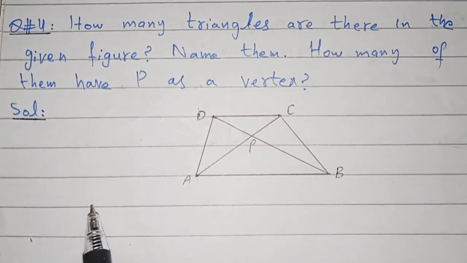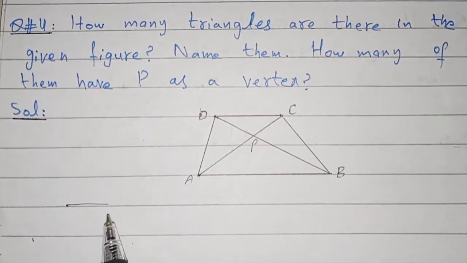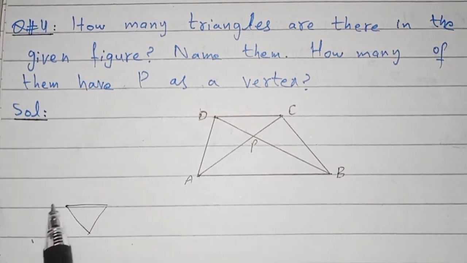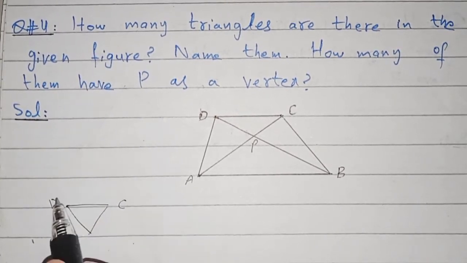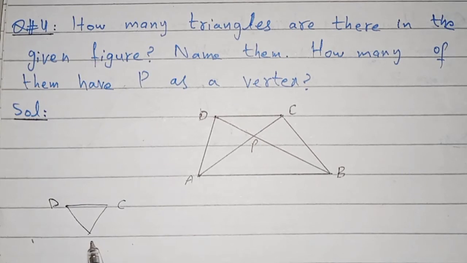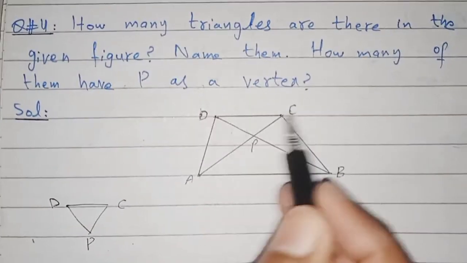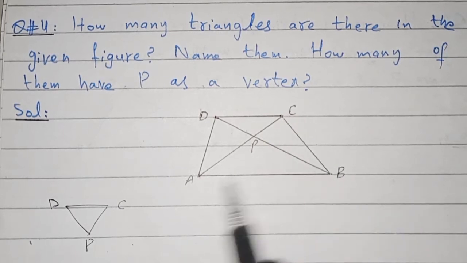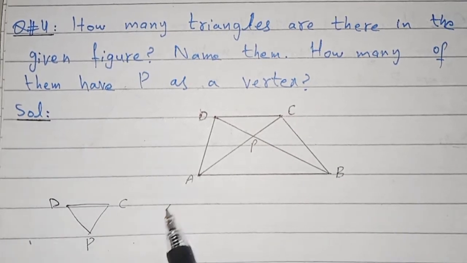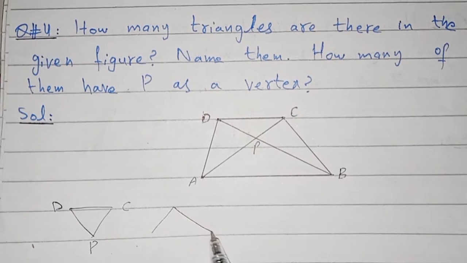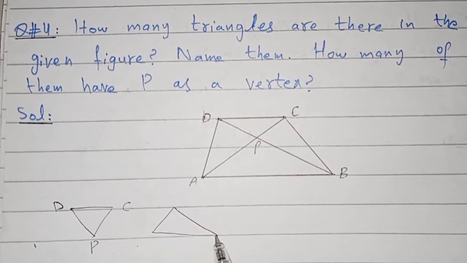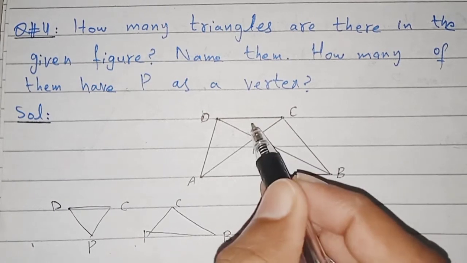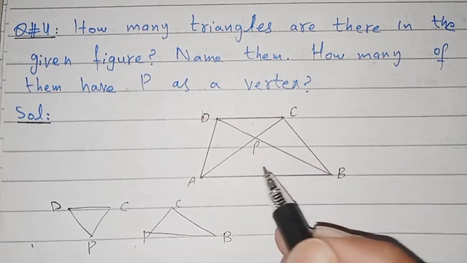First small triangle is D, C and P. And second triangle is CP and B. We can write it as CPB. First small, second small and third small.